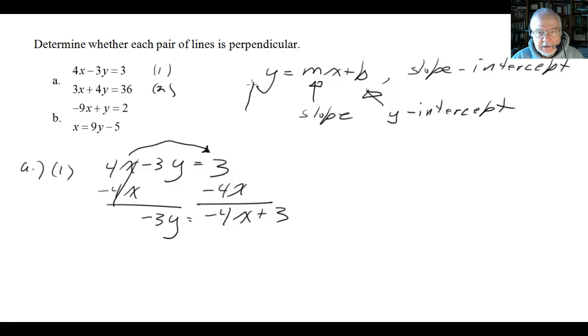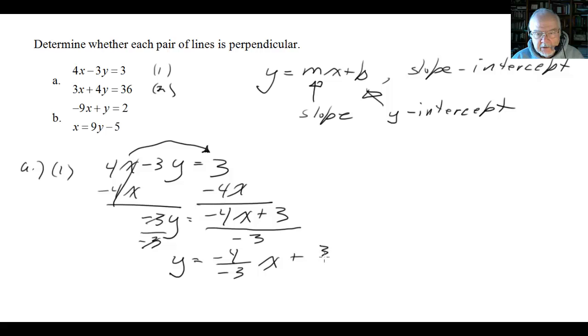The implicit coefficient of y here is 1, so I'm going to get rid of this minus 3. And to make it 1, I divide by itself, which is minus 3. Do it to the left-hand side, I am compelled to do it to the right-hand side. 3 divided by minus 3 is, of course, 1. 1 times y is y. So this becomes minus 4 over minus 3 x plus 3 over minus 3.